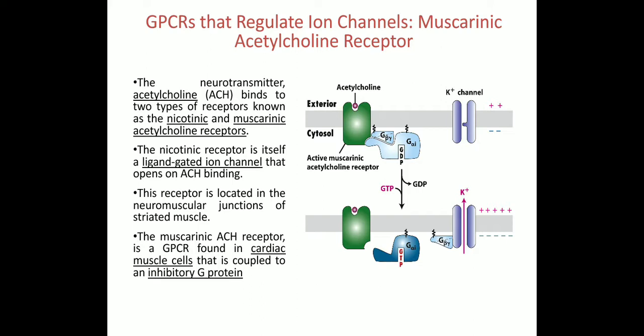The signal from the activated receptor is transduced to the effector protein by the released G beta gamma subunit rather than by G alpha GTP. That G beta gamma directly activates the potassium channel.